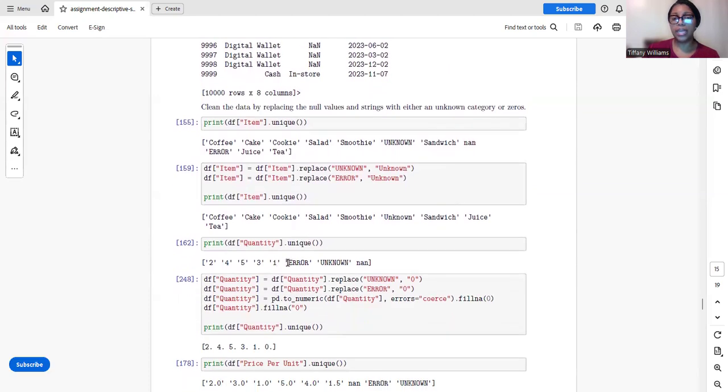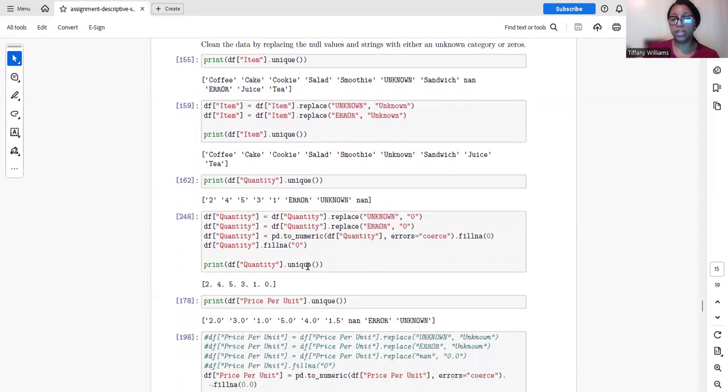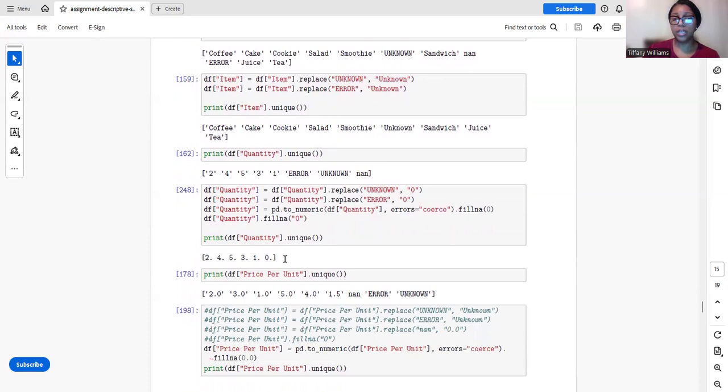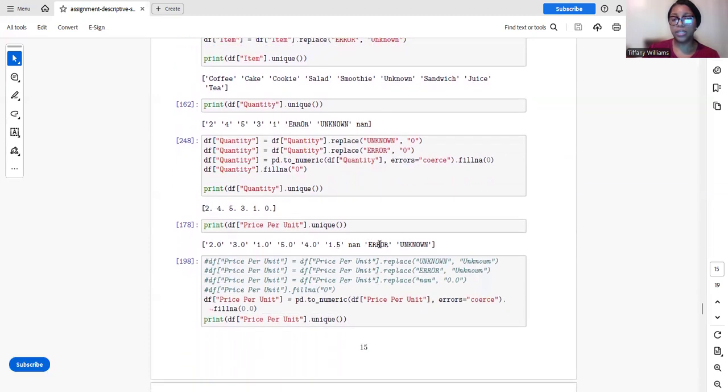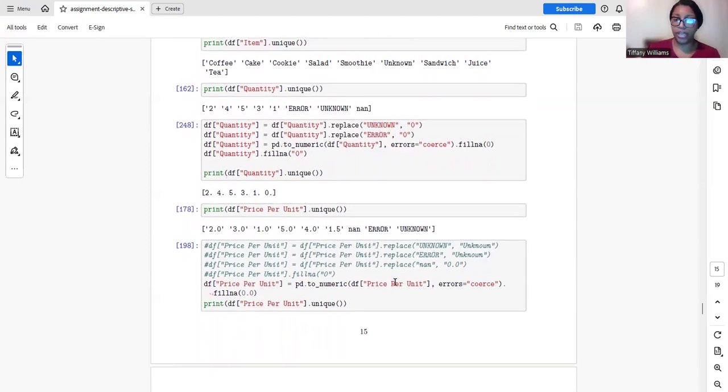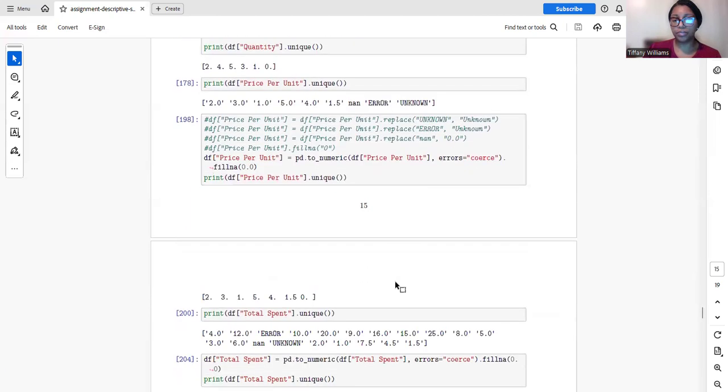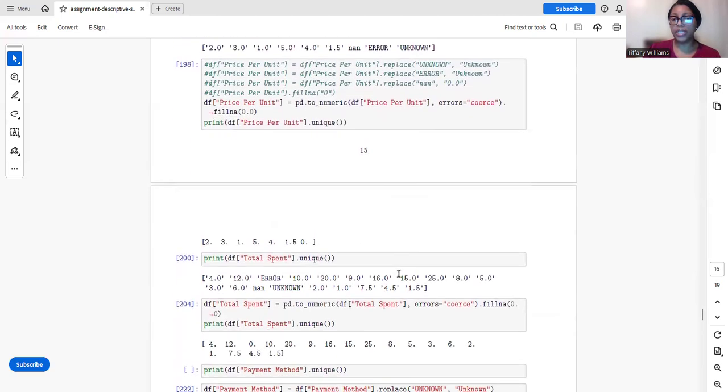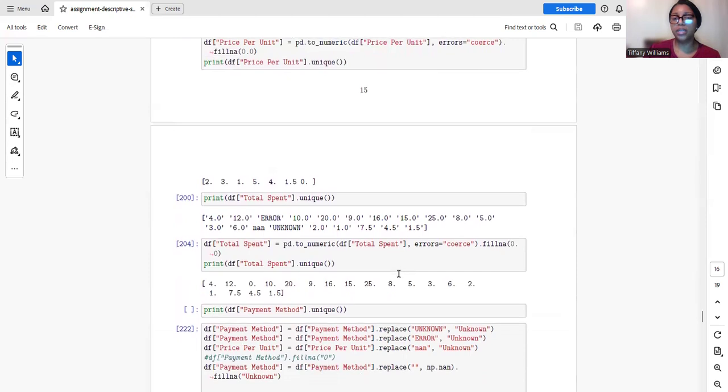Instead of leaving it as error and unknown, I replaced them with zeros to match the type of data that is in there currently, as you can see here. I continued to do that, replacing those values, those errors, those unknowns, those null values as well, to match the data that is already in there.